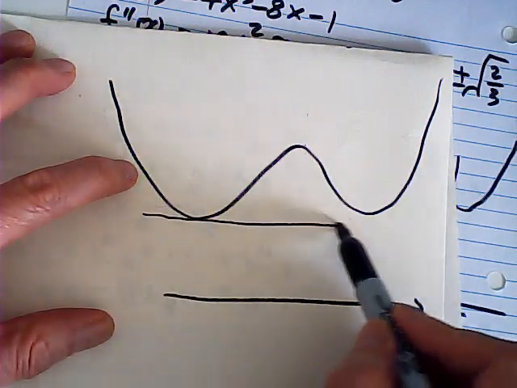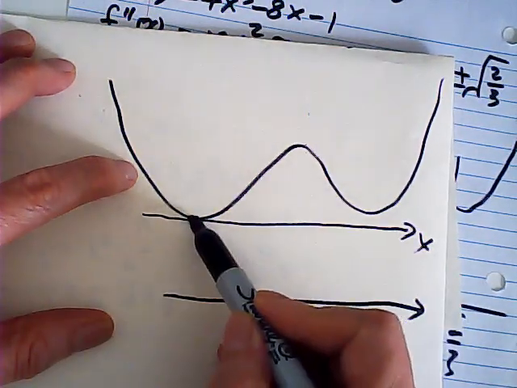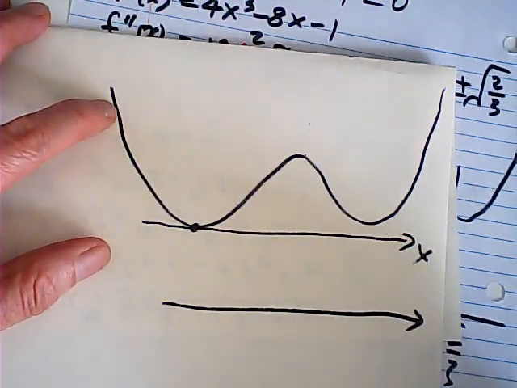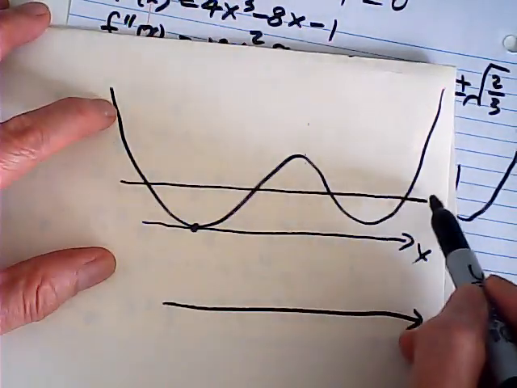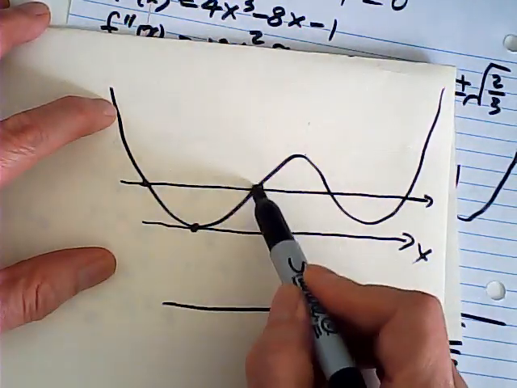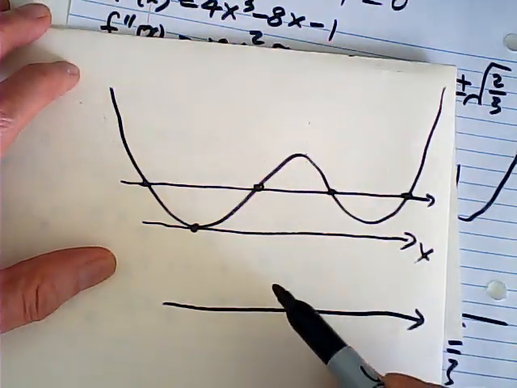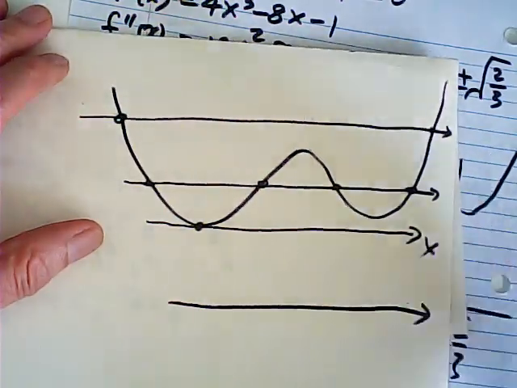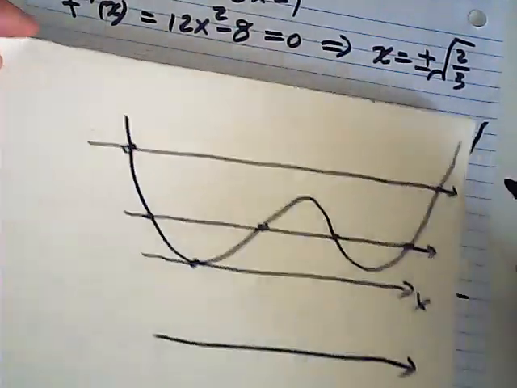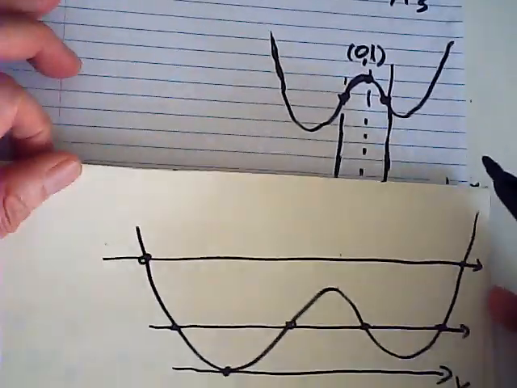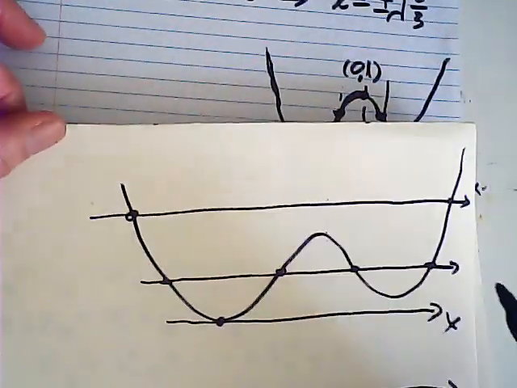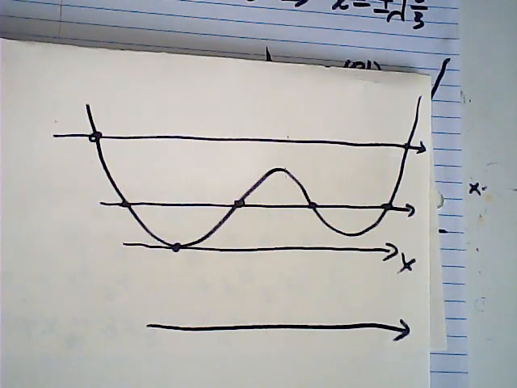If this is the x-axis, then there are 2 repeated real roots, 2 complex roots. If the axis is there, there are 4 real roots. If the x-axis is there, there are 2 real roots, 2 complex. So we just want to determine where the x-axis is located, because it will determine how many real roots, right?